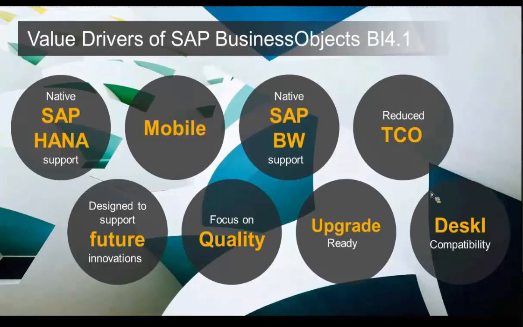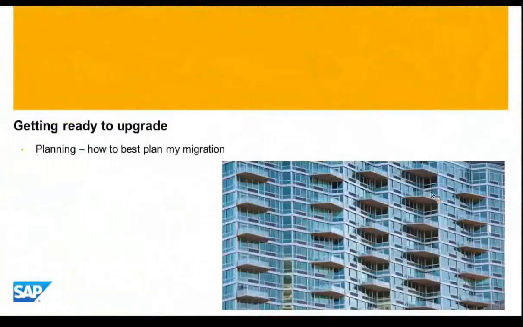Okay. Now you saw the benefits, the key drivers and top reasons to come to 4.1. Now how do we do it? How can you plan so that your project is not only successful but also meaningful in many ways?